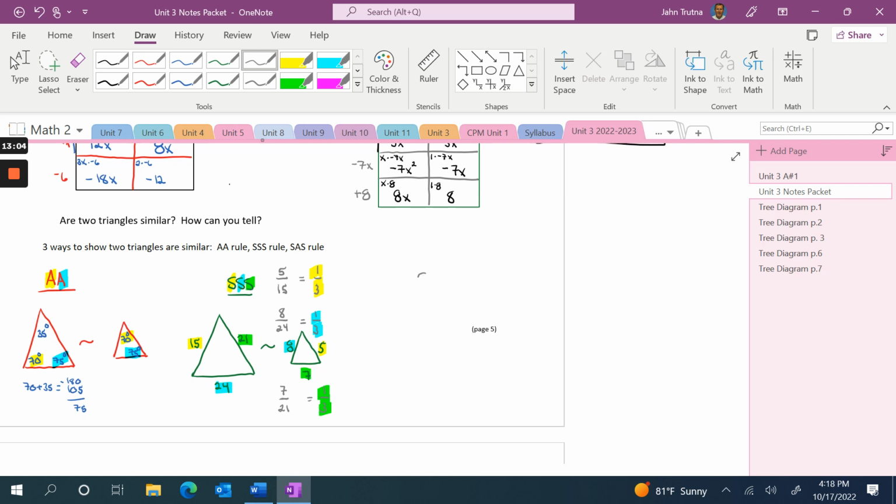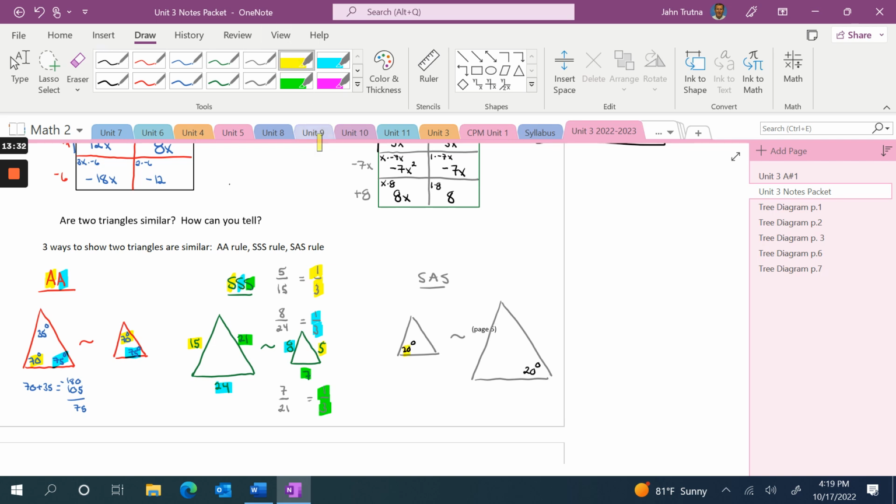Okay. The third rule is the side angle side rule. The side angle side rule says that two triangles will be similar to each other as long as they have one pair of congruent angles, 20 degrees and 20 degrees.